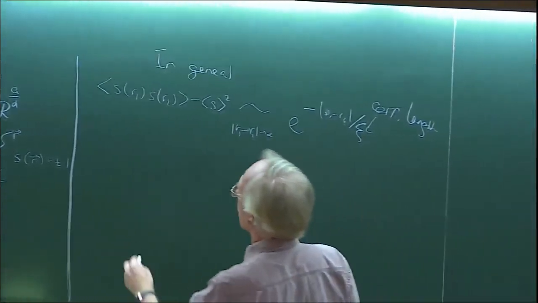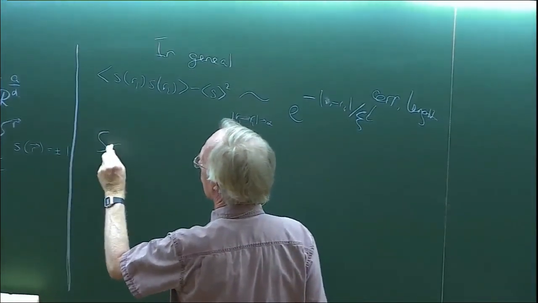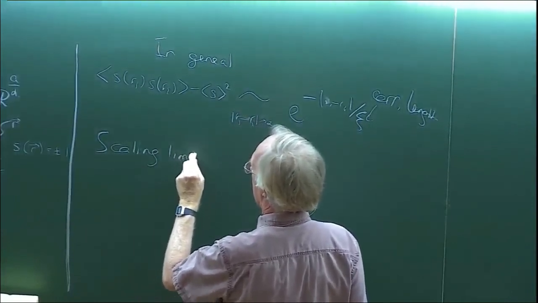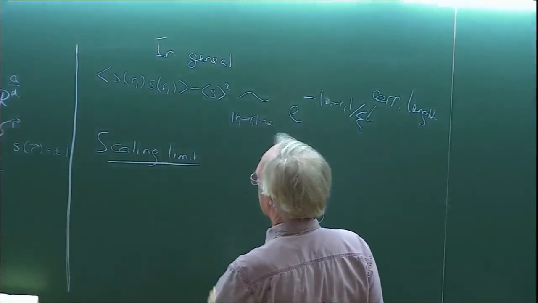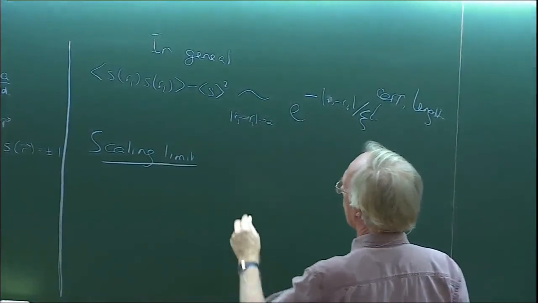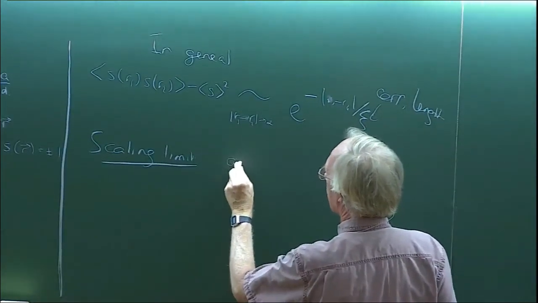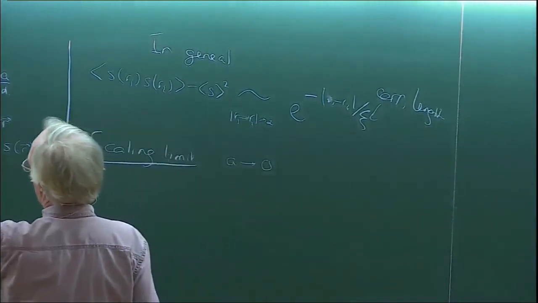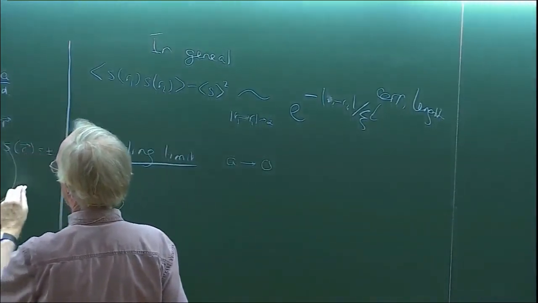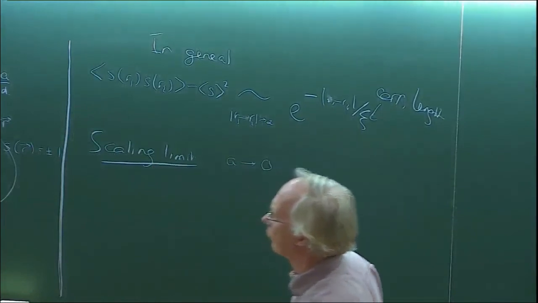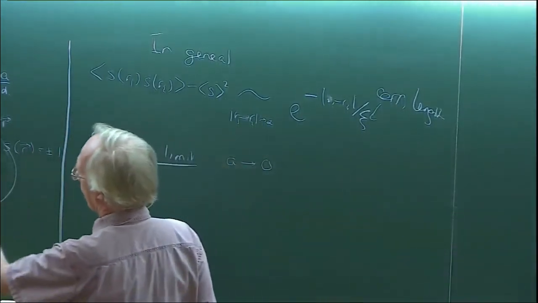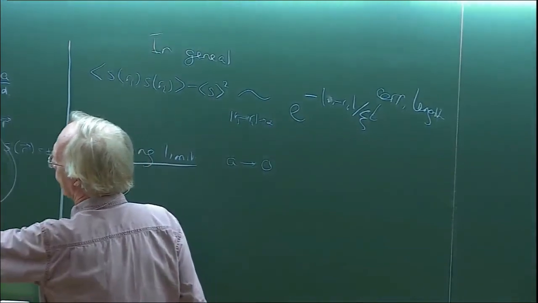So I'm now in a position to define what I mean by the scaling limit. The scaling limit is that we take the lattice spacing to 0. That is, on this picture here, we imagine taking some fixed region of the space and making the mesh size finer and finer.